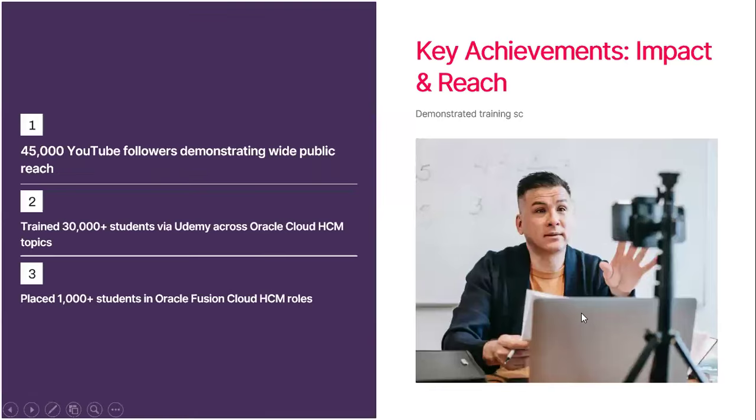Here it is. We have a total of 45,000 YouTube followers, exclusively for Oracle Fusion Cloud, not other technologies. And 30,000 students I have got in Udemy. Let me show you practically.